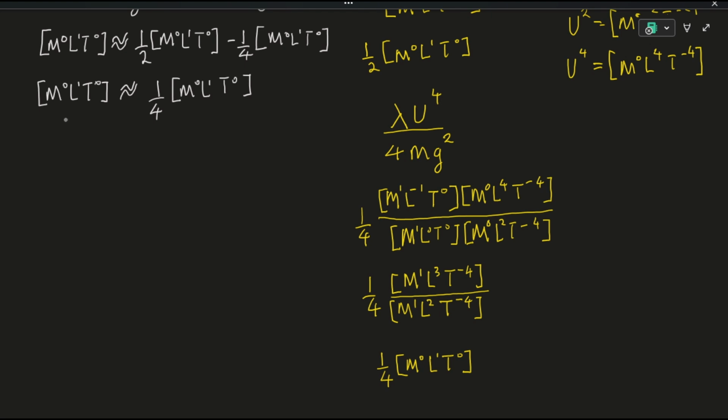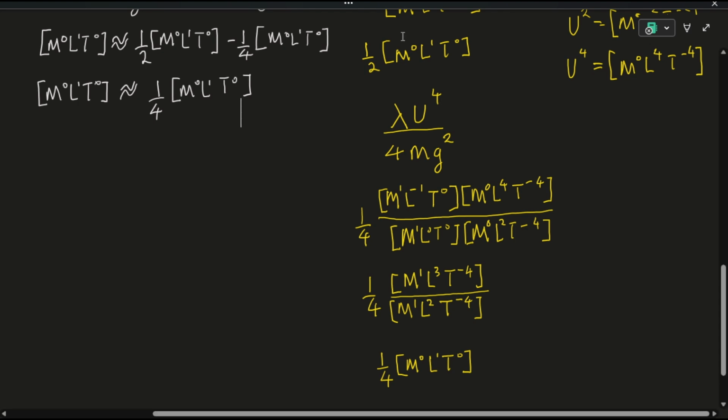So at this point of the solution, we can now compare the left side of the equation to the right side of the equation. And we can easily observe that the dimensions to the left side of the equation is the same as the dimensions to the right side of the equation.